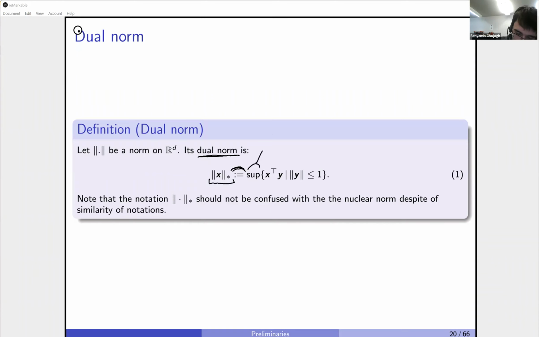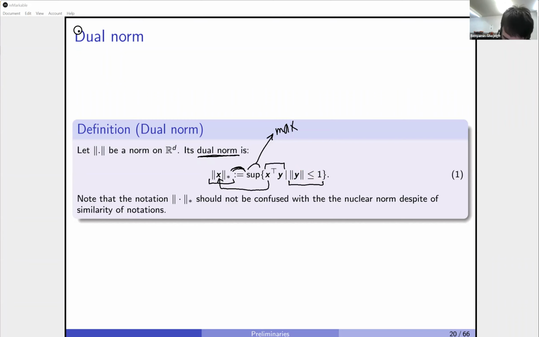You can see it as a maximum, but maximum is a special case of supremum because supremum also considers the case where the function goes to a point but never reaches it, right? So consider the set x transpose y. x is the argument of the dual norm, and y has a condition on it, where the norm of y is less than or equal to 1.